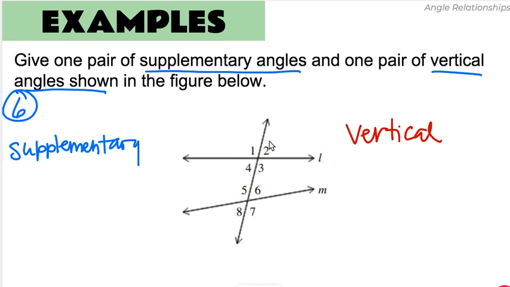Okay, so we could have focused on these 2 lines that intersect, and you could have said 1 and 3 were vertical angles, or 2 and 4. If you looked at these lines that intersect, you could have said 6 and 8 were vertical angles, or 5 and 7 were vertical angles.